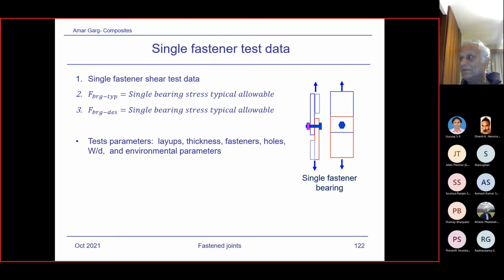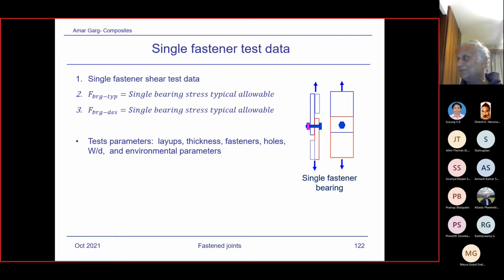So the modeling takes quite a bit of time, and then comparing and validating it with the test results. So again, there's no simple answer to how you validate whether those stress concentrations you're seeing are reasonable or not. You have to consider physics, whether it looks reasonable or not.